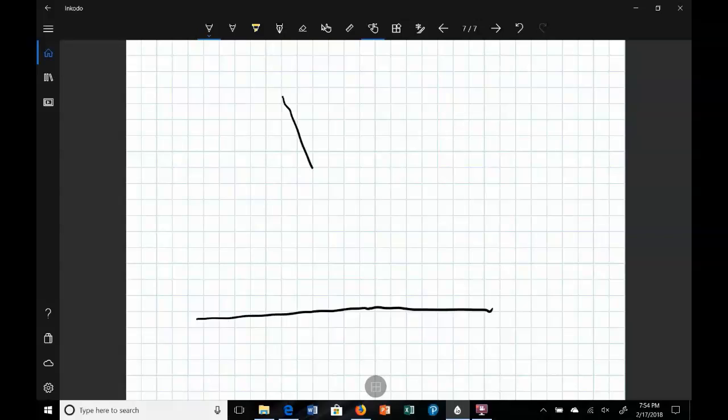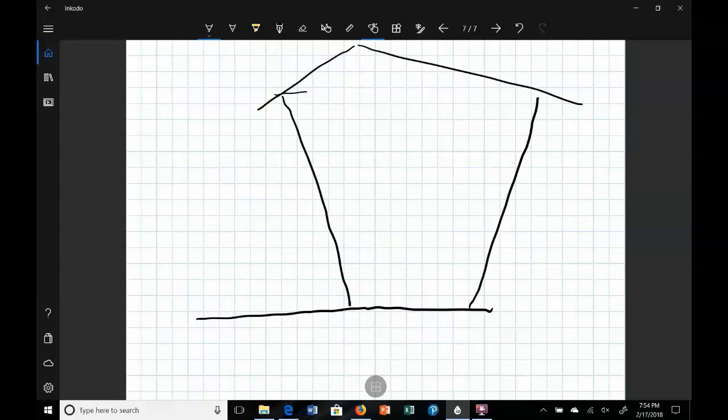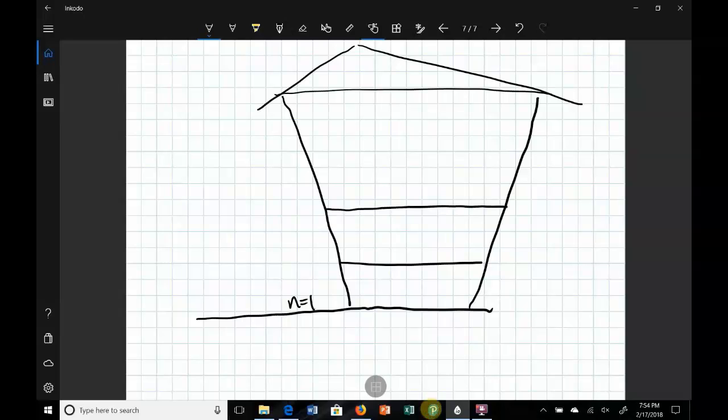And as we go up this house, don't make fun of my house, but as we go up the floors, each floor is going to represent an energy level. So here we are on the first floor. Here we are on the second floor. And here we are on the third and the fourth floors.